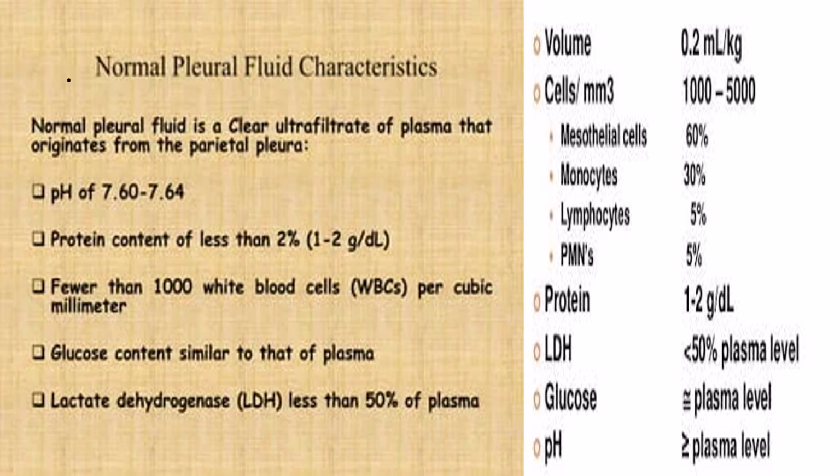There are fewer than 1000 WBC per cubic millimeter, and 60% of them are mesothelial, 30% monocytes, and 5% lymphocytes, the rest neutrophils. Glucose content is similar to that of plasma, and the LDH content is less than 50% of plasma.